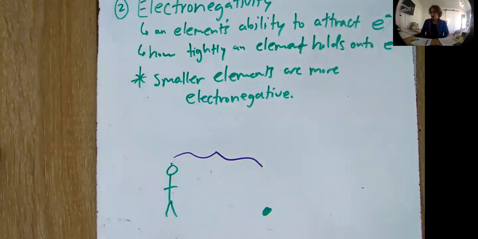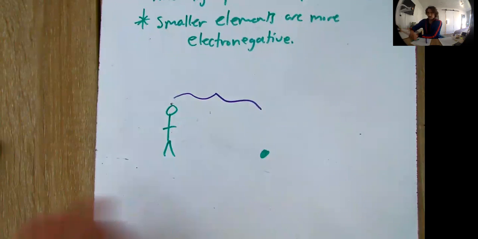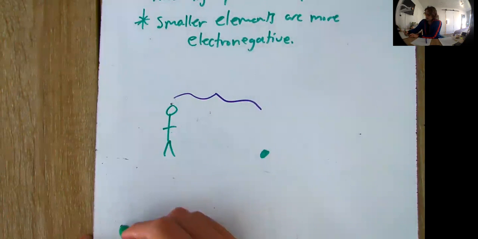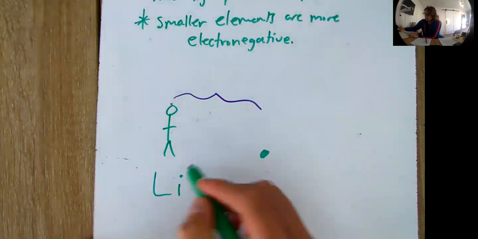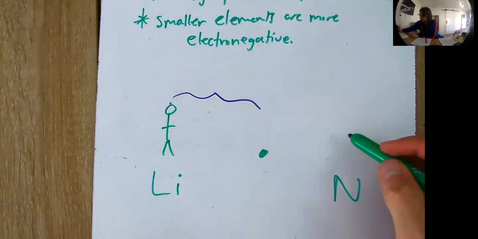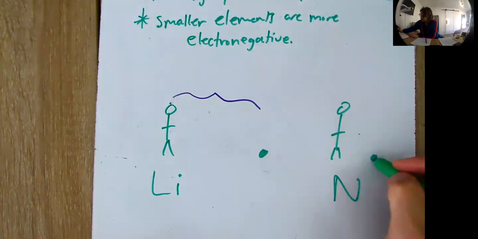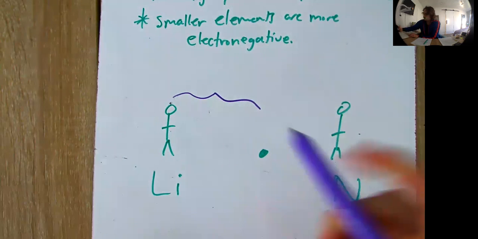So what does this mean for two different elements that are in the same row? For example, we'll use our lithium and nitrogen example again. This guy will be lithium, and this guy will be nitrogen, and we'll put nitrogen's electron a little bit closer.